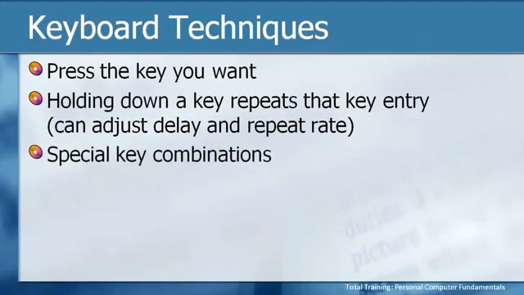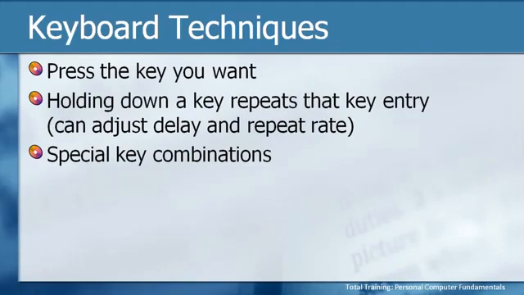Also know that there are special key combinations. When I just said you wanted to type ABC, I said you would press A and release it, then B and release it, and C and release it, and that would type those 3 letters. But sometimes you actually want to hold down multiple keys at the same time. For example, when I said you could do Alt-F for the File menu, you want to press and hold the Alt key, and then press the F key while you're still holding Alt in order to do that.